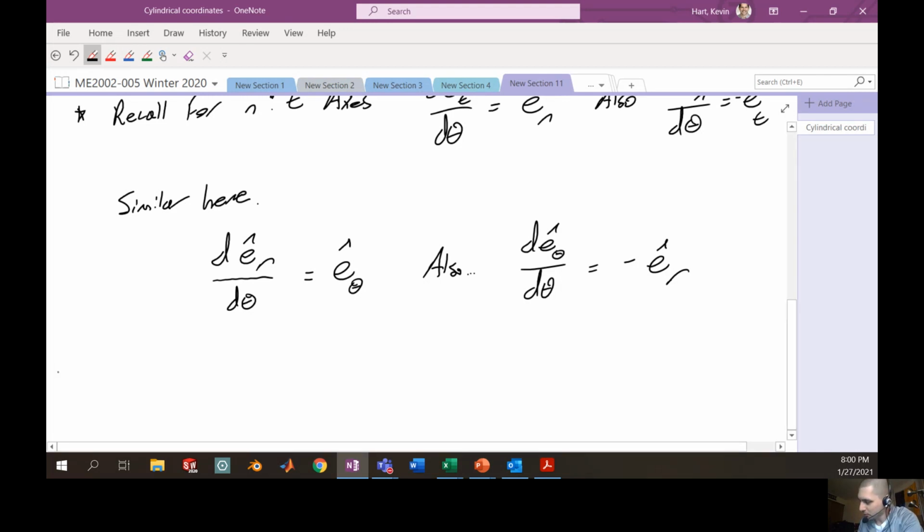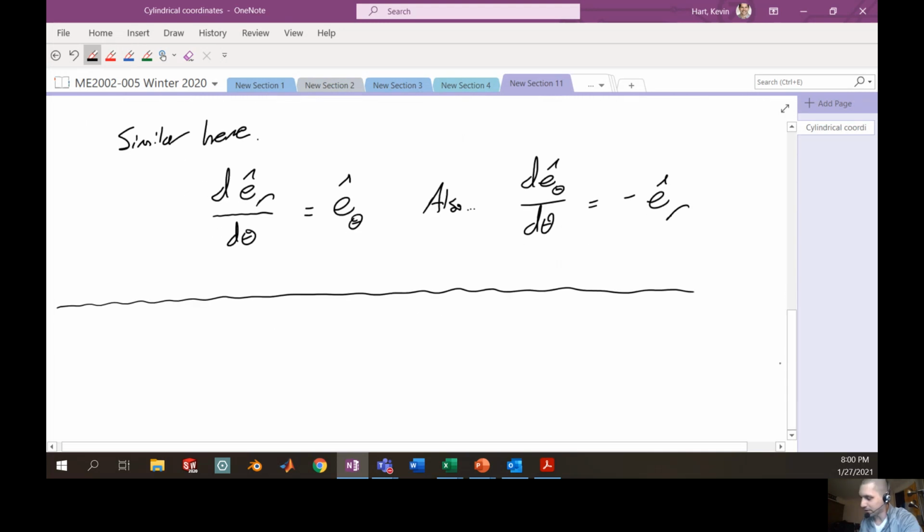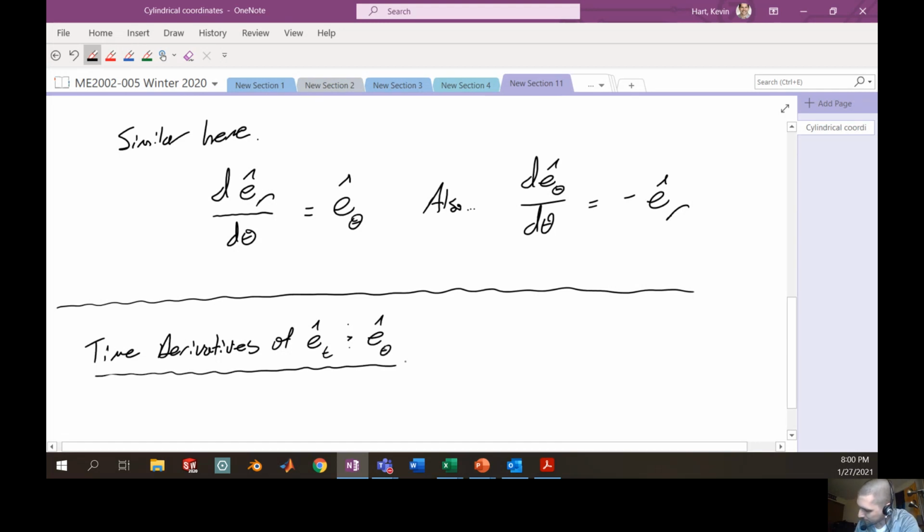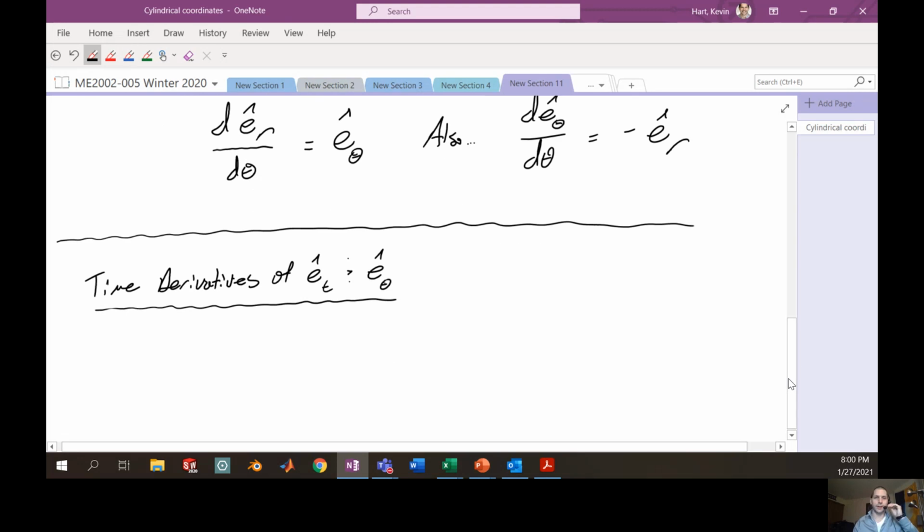So let's move on then, and we'll say we need now time derivatives of these particular vectors. Okay, so just like we did with normal and tangential coordinates, we're going to employ the chain rule.